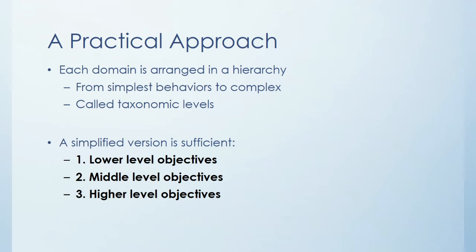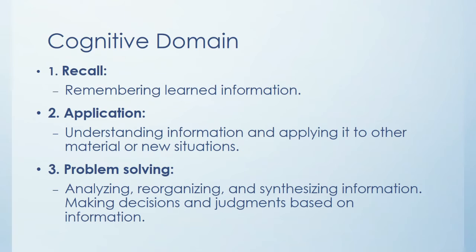So the first is the lower level objectives, the middle level objectives, and the higher level objectives. And depending on the domain, they have different names for each of these levels. So in the cognitive domain, the lower level is recall. And this is just straight, you memorized it, you regurgitated the information, so you're just remembering learned information.